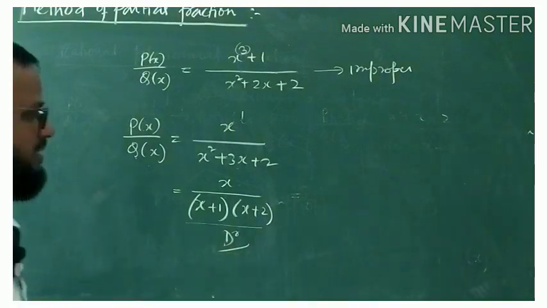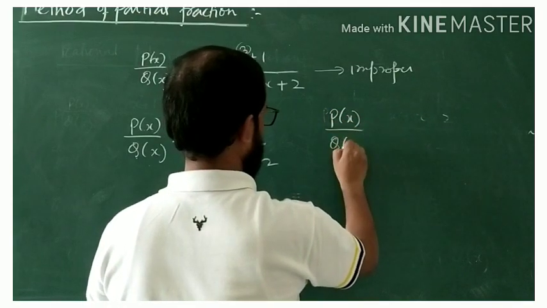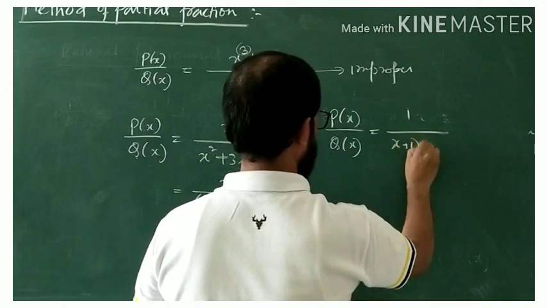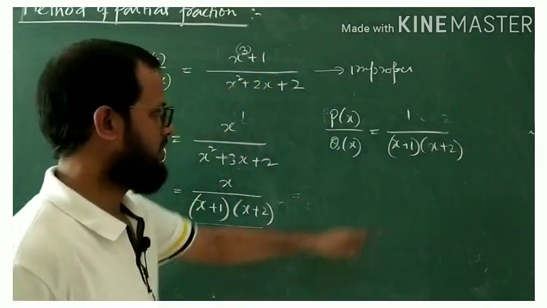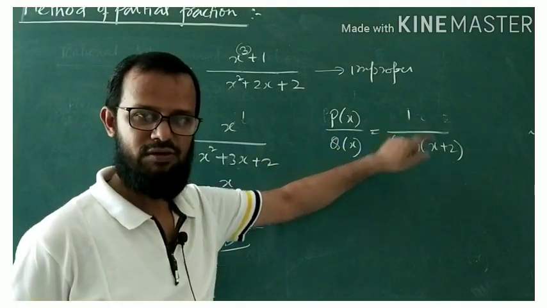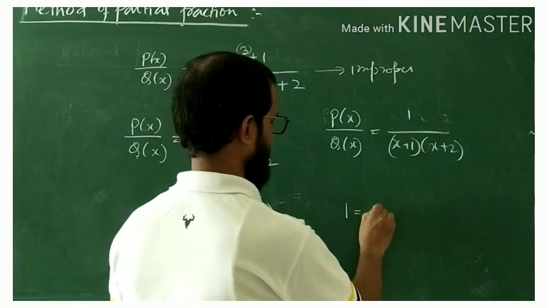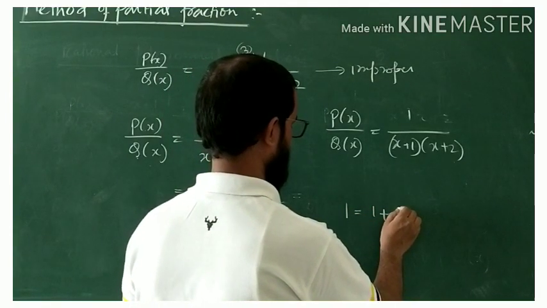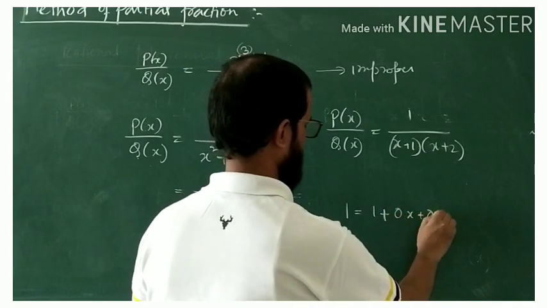Say another example, an easy one. Suppose p(x)/q(x) is equal to 1/((x + 1)(x + 2)). So the numerator is only 1. Is it a polynomial function? Definitely. Suppose 1 can be written as 1 plus 0 into x or 0 into x², like that.